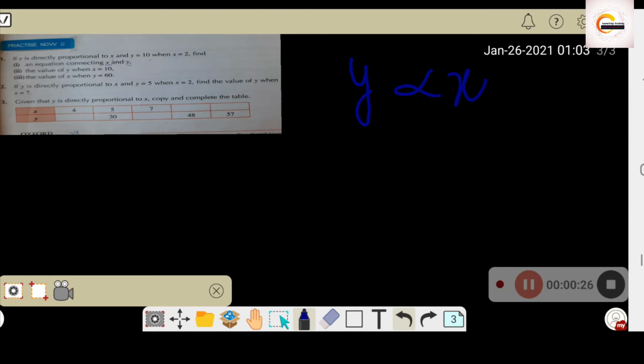How are these x and y variables connected? Obviously, if y is directly proportional to x, then there must be some constant value connecting them. So we know the formula, that is y is equal to kx.